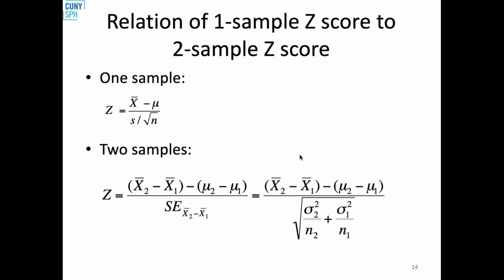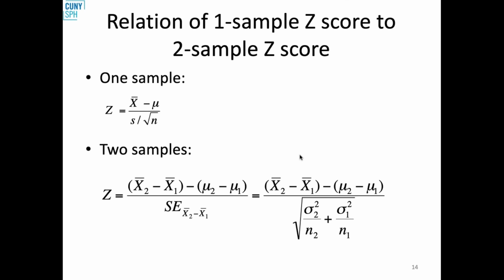So if we now are going to work with two samples, we got a problem here. One problem is that we got two means, not just one mean. The top part's not that hard, because for the null hypothesis we're looking for the difference in the two means to be equal to zero. If you look at the way they describe it here, they're saying x bar 2 minus x bar 1 minus the true mean 2 minus the true mean 1.